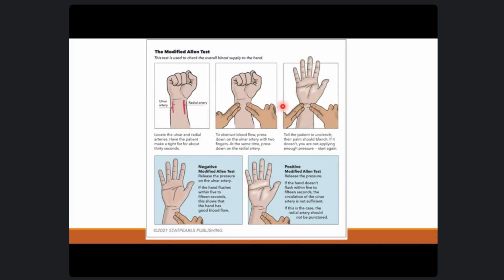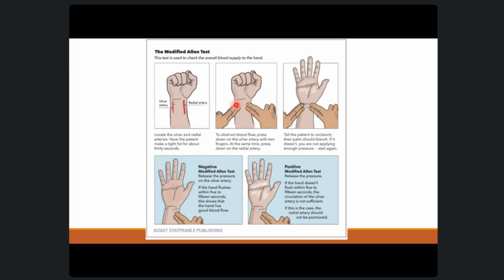your ulnar. Where is the ulnar here? Lateral or medial? So, medial. The one in line with the thumb is your radial.